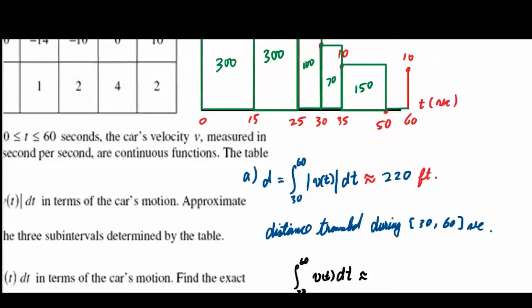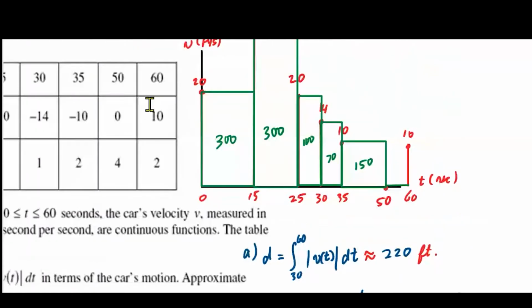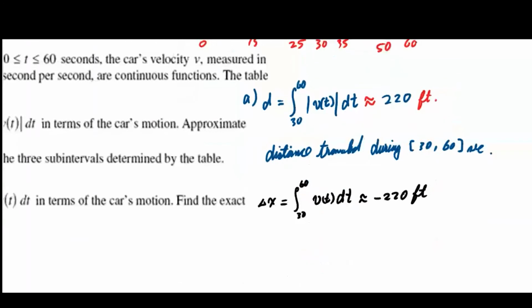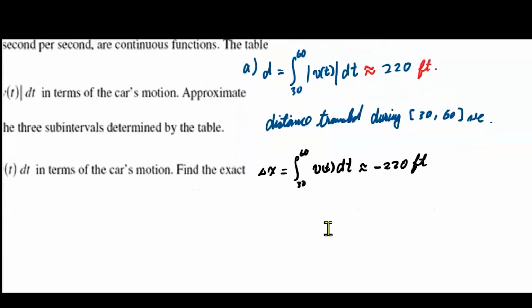Do you see that? Because the values here are negative, right? We just took the absolute value and drew it this way. It would be negative, negative, so this would be down here. You get it? And that's, in other words, the car going backward. Good. So this is a displacement of the car.